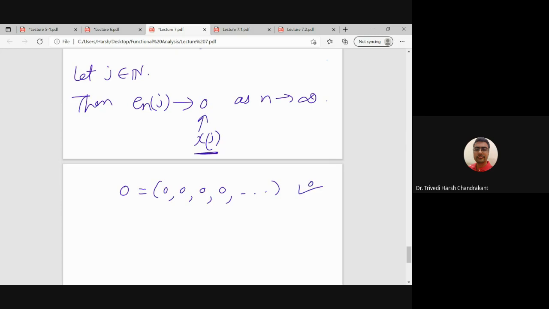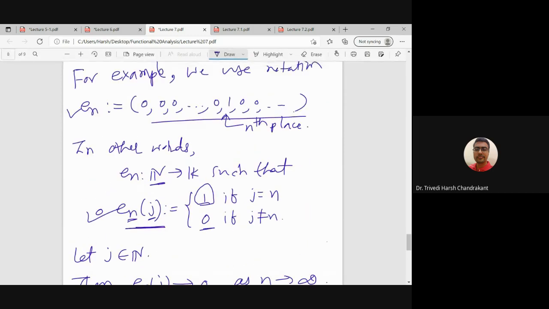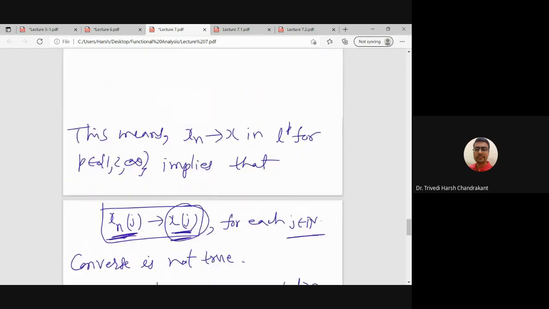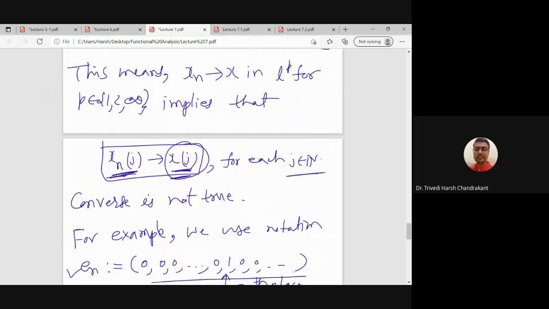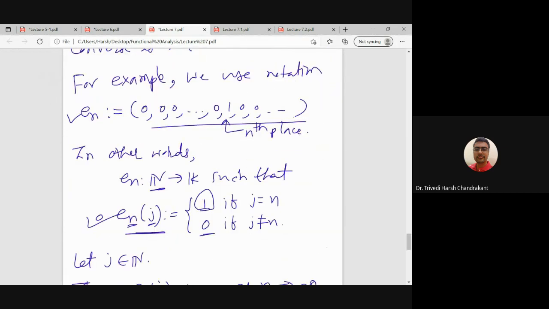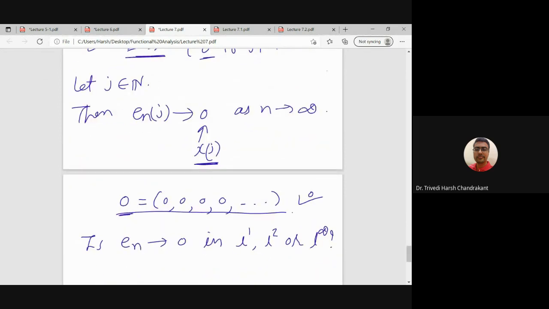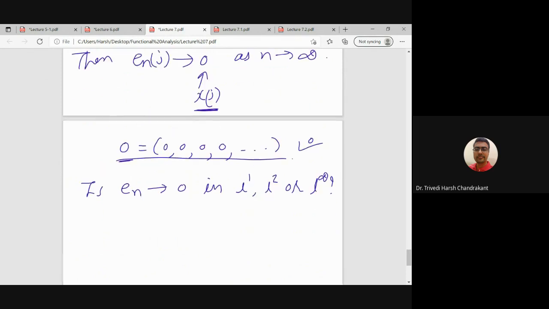So now the question is, does en converge to this 0? So that is the converse of this. If xn converges to x in L1, L2 or L infinity, then it converges entry-wise. Now we know that en converges entry-wise to this 0 sequence. So the question is whether en converges to 0 in L1, L2 or L infinity.